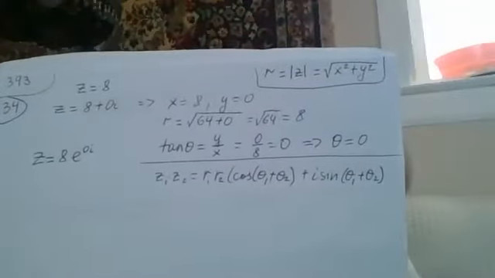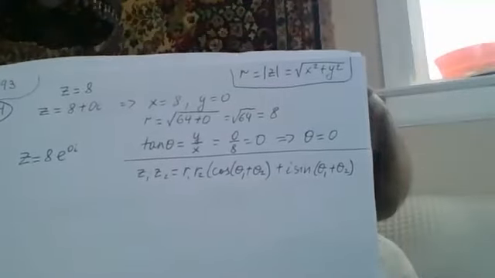Now look what I'm going to do. I'm going to write the formula. Here also it is in the box. When we multiply two complex numbers, we multiply r's and we add angles.